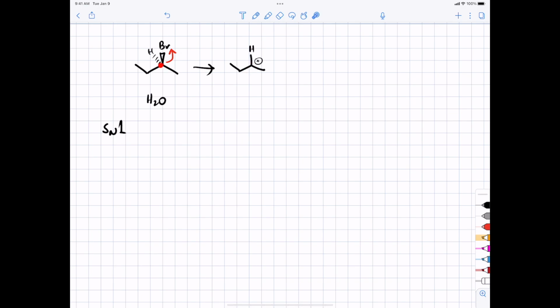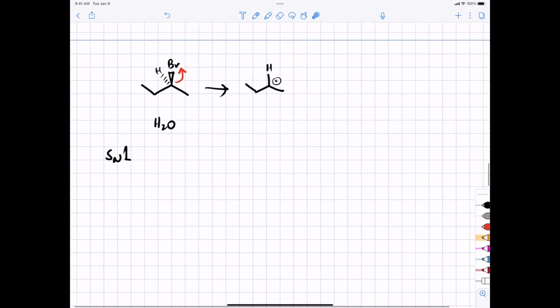Right there is the stereocenter. Okay. Now, we would have in a second step, the nucleophile attack the carbocation. And then we would get something like this. Now, let's consider the geometry of this intermediate.